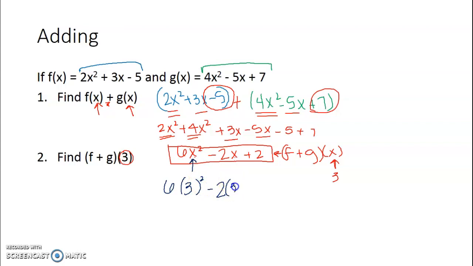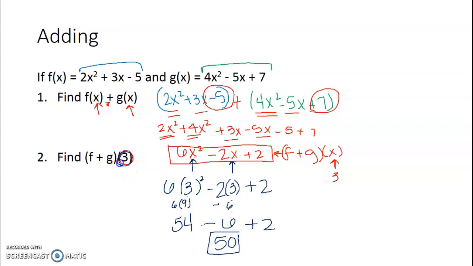Minus 2 times 3, I replaced that x, and then plus 2. 3 squared is 9, so this is 6 times 9, which is 54. Negative 2 times 3, that'd be minus 6, and then plus 2. 54 minus 6 plus 2 is 50. So my answer is 50. Because the problem had a number in here, I ended up with just a number for my answer.